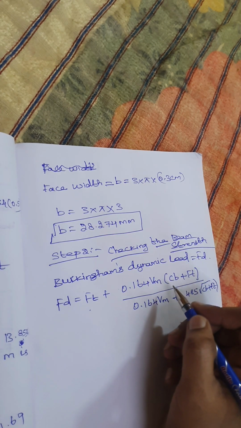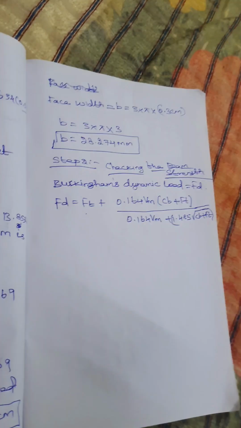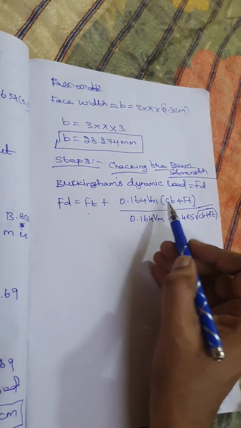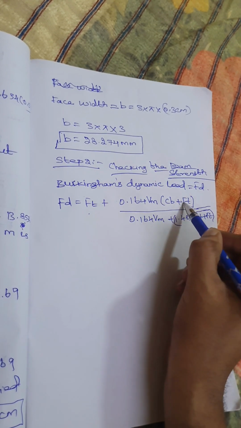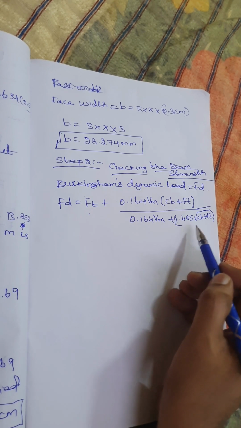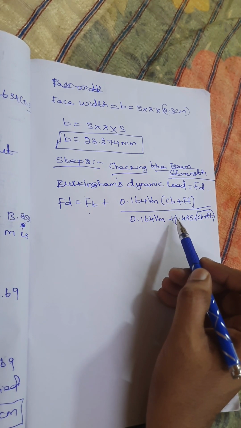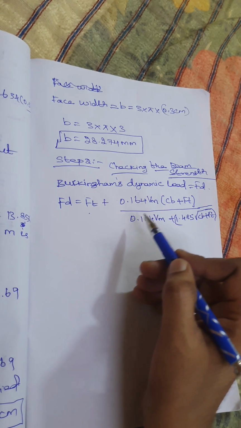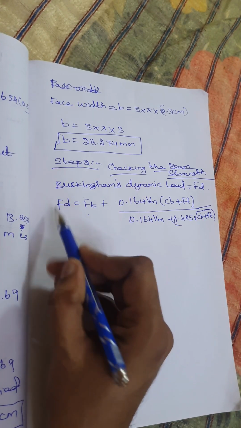This is a square root value. So the values of F_t, V_m, C and b all have to be calculated separately, and all these values should then be applied in this equation to find the value of F_d.